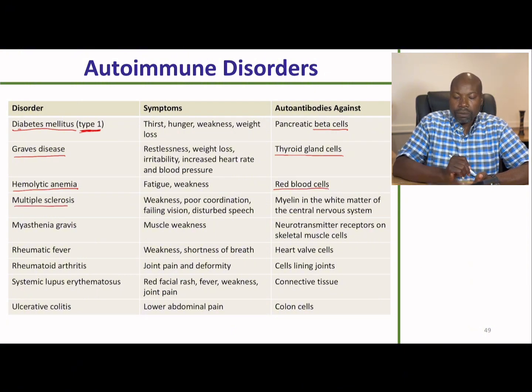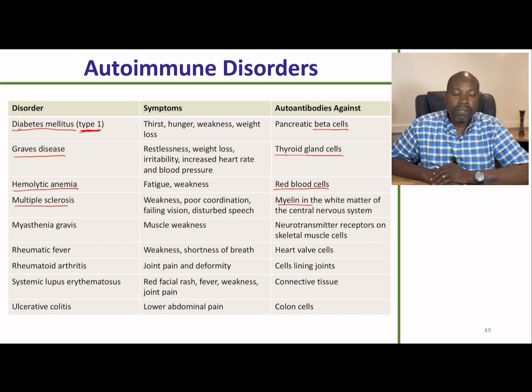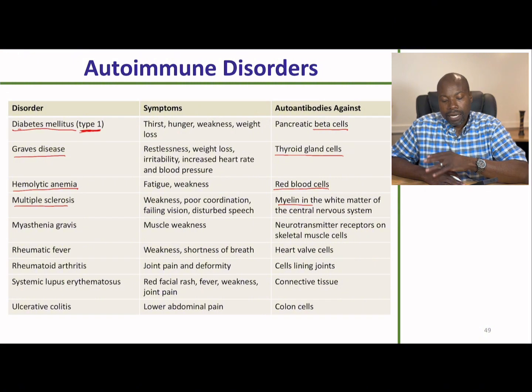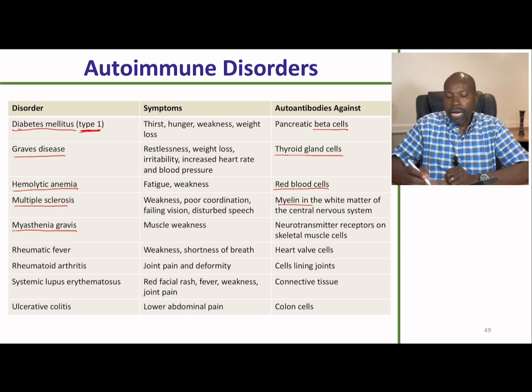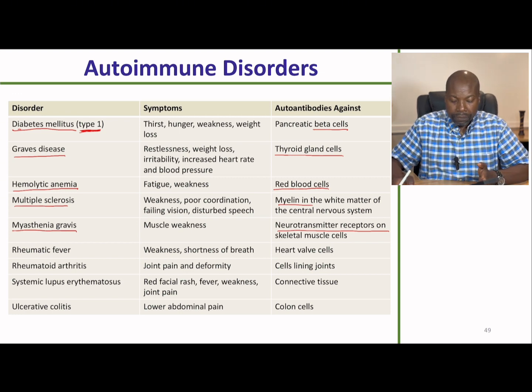Multiple sclerosis is another condition where myelin in the white matter of our central nervous system is attacked by our immune system. Myasthenia gravis, okay? This is when we have neurotransmitter receptors on the skeletal muscles that are defective.